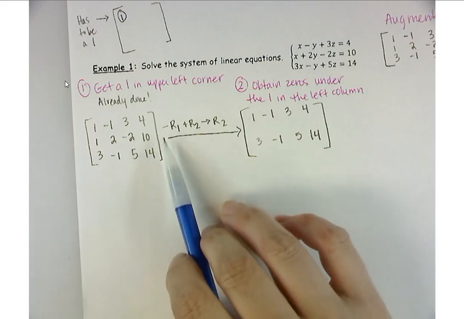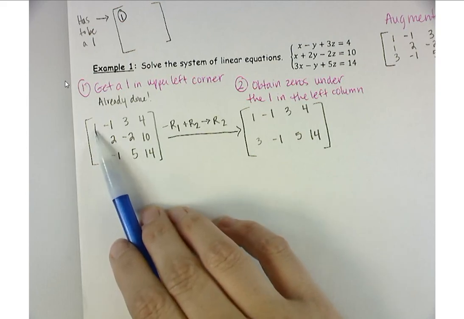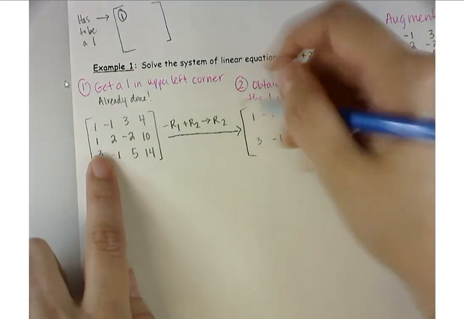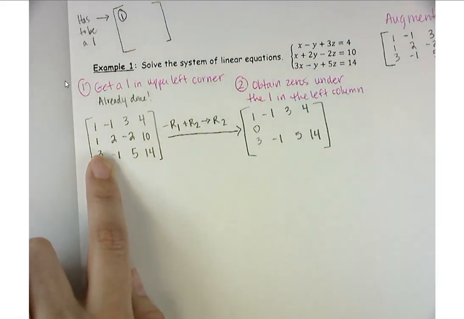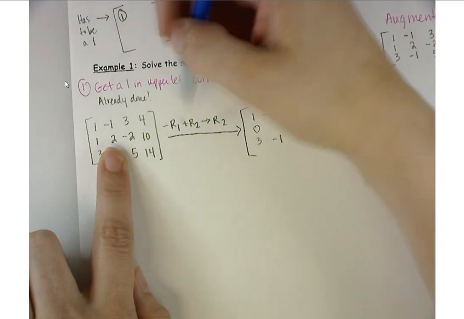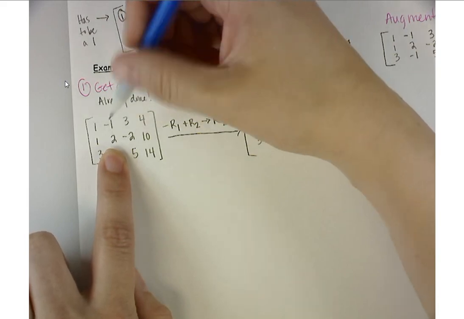So if I multiply -1 by -1 and then add it to 1, what do I get? 0. You guys have to be with me here, okay? So for this one, I'm going to be multiplying -1 by -1, which is what? 1. 1 plus 2? 3. Good.